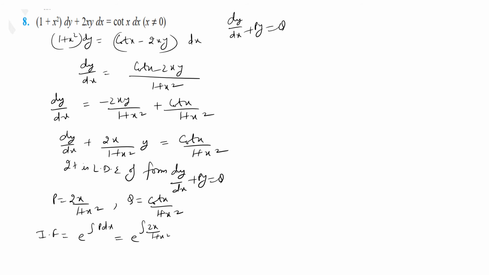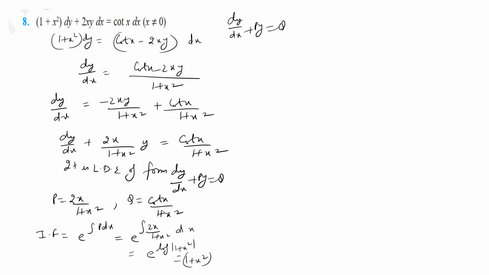So you can clearly see that it is of the form f dash x upon fx. So I can just write it as e raised to power log of 1 plus x square. So I think it is clear to you.